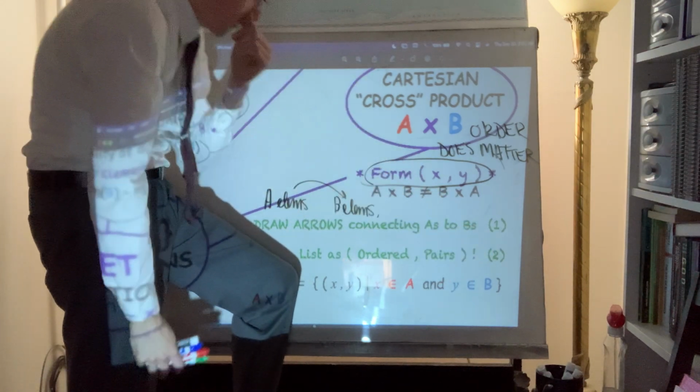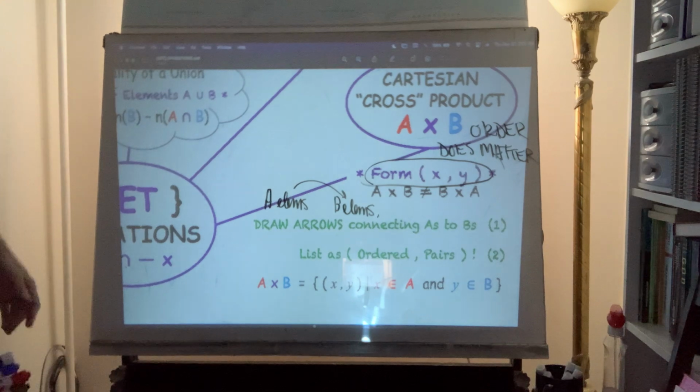We'll do some examples to illustrate each of these concepts.